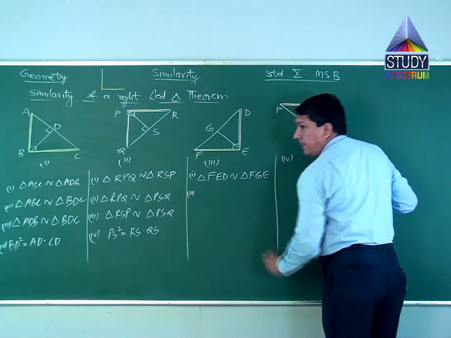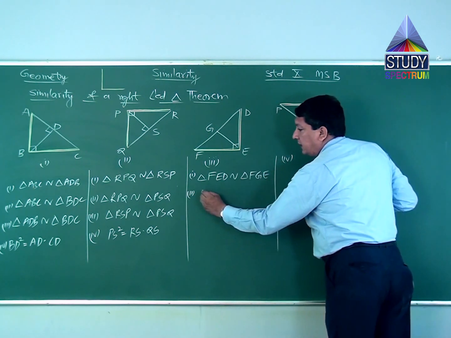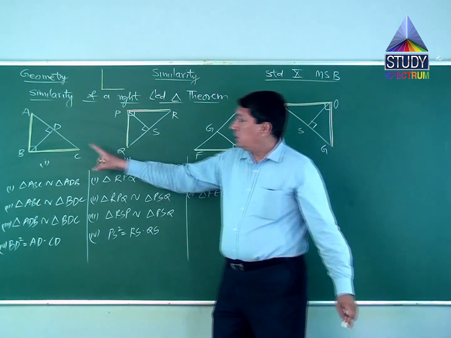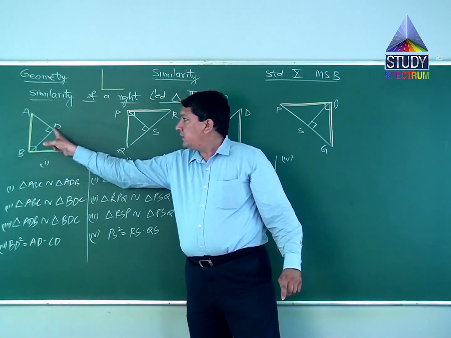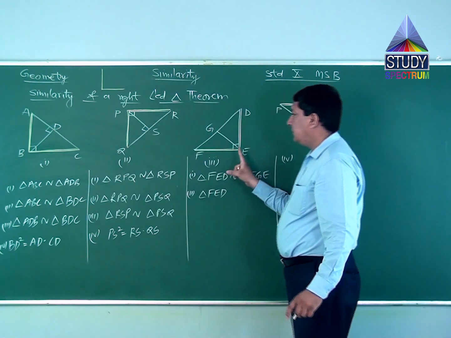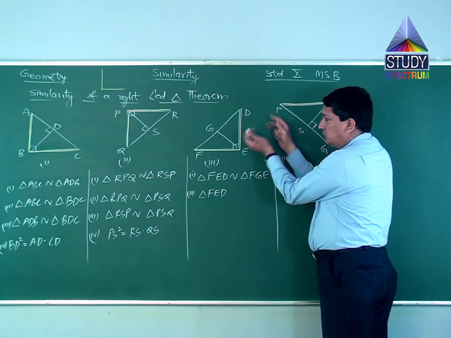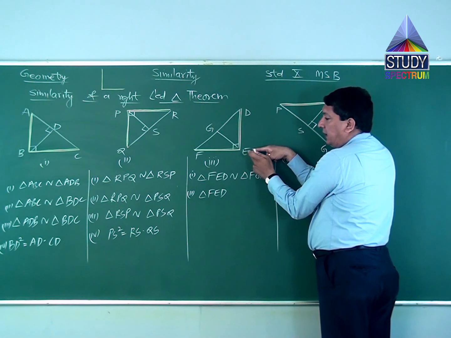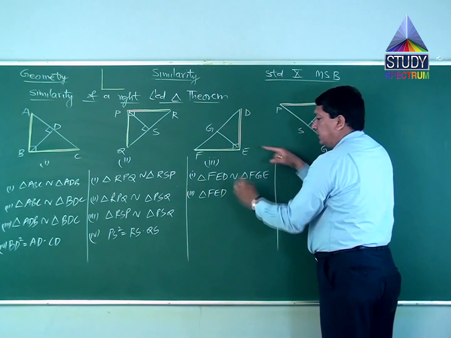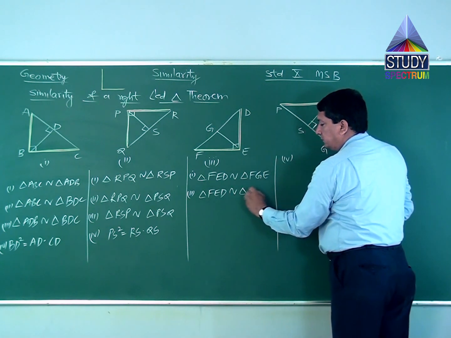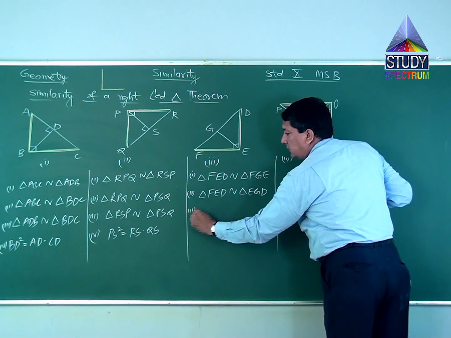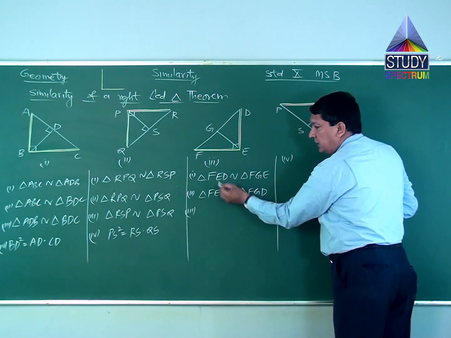Second, triangle FED. Look at the basic sum now. From vertex B, DC. Now this is your L shape. This is your bottom triangle. This is your lower triangle. This will be triangle EGD. Third, these two triangles are similar.